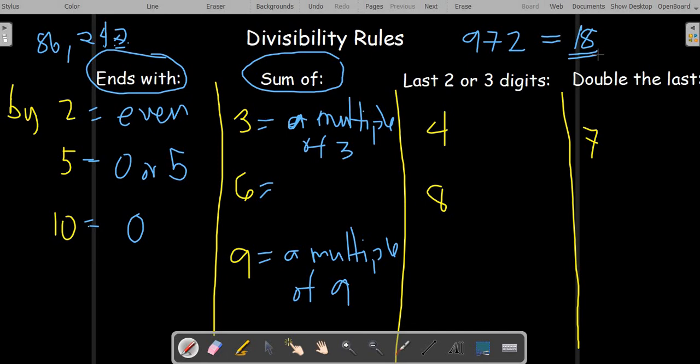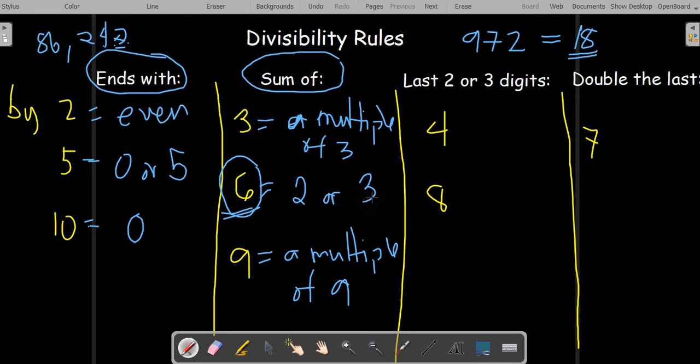And then I put here 6, although you don't need to find the sum. A number is divisible by 6 if it is divisible by 2 and 3.